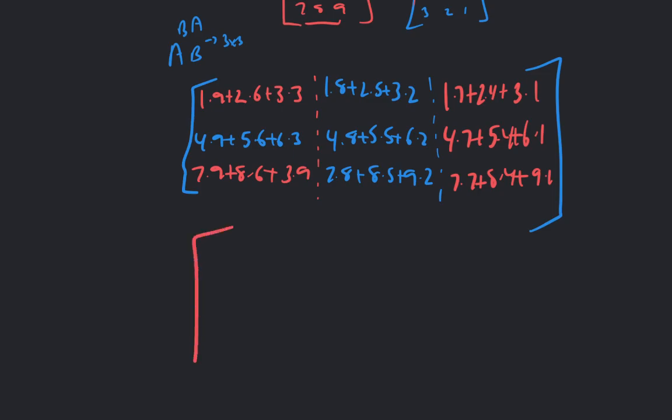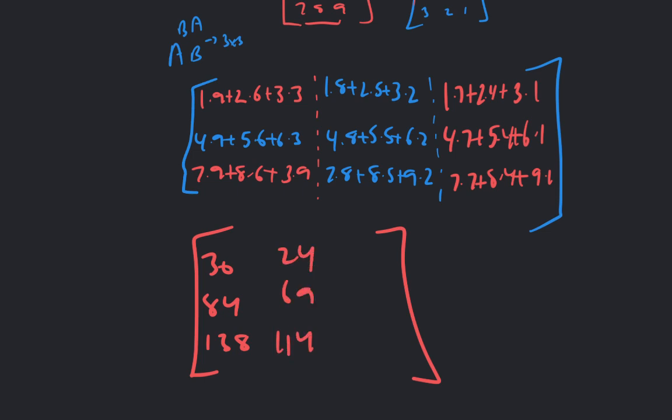Tedious. When we add them all up together, we get 30, 84, 138, 24, 69, 114, 18, 54, and 90.